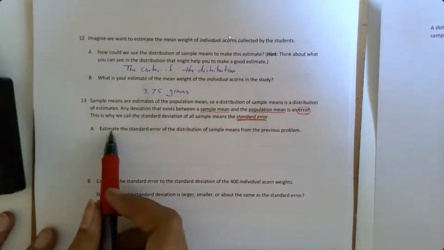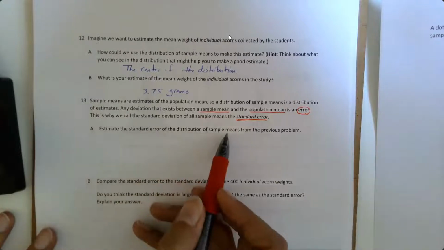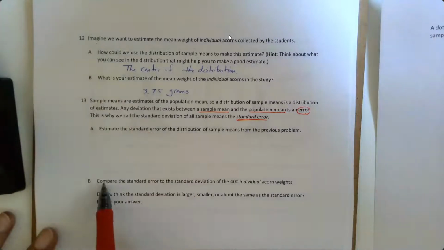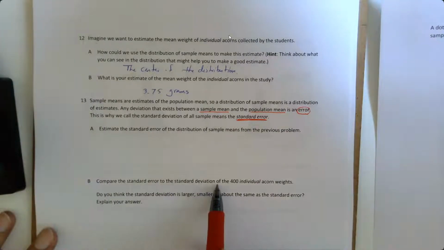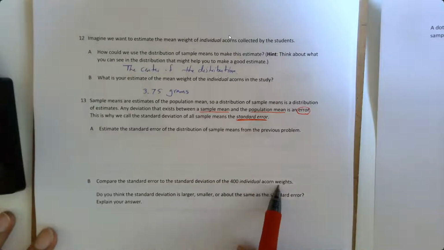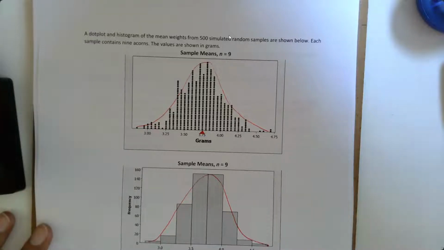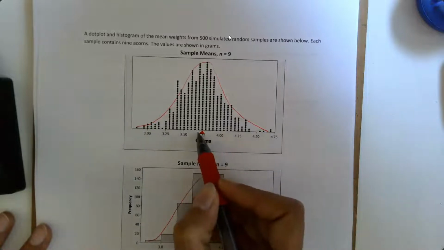Estimate the standard error of the distribution of sample means from the previous problem, and B, compare the standard error to the standard deviation of 400 individual acorn weights. Let's take a look at our data. This is our distribution. The mean or the center is here.